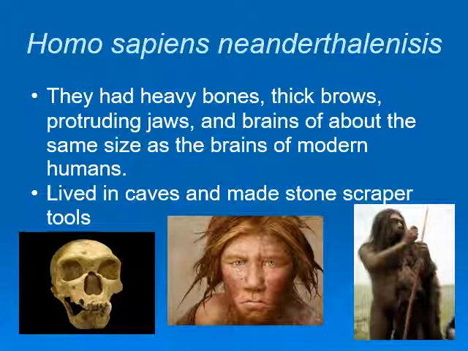Now, they did exist in the same time period as very early humans, so it appears that Neanderthals and humans did interact with each other. These organisms lived in caves and made stone scraper tools. So we find a lot of their markings and sort of primitive artwork in caves that we find their fossils in.